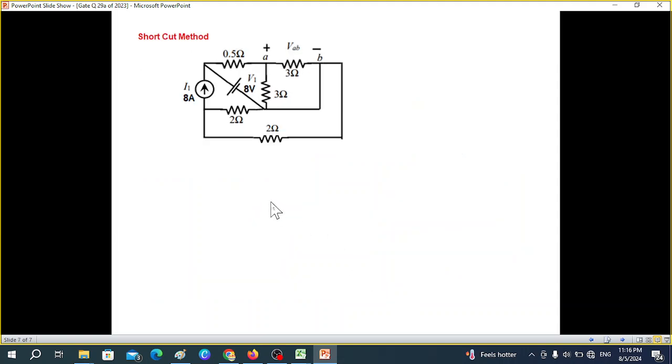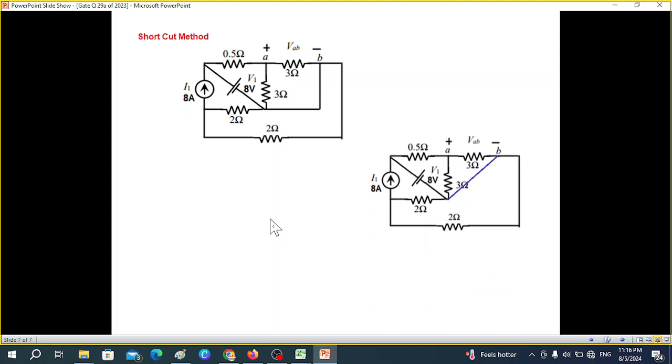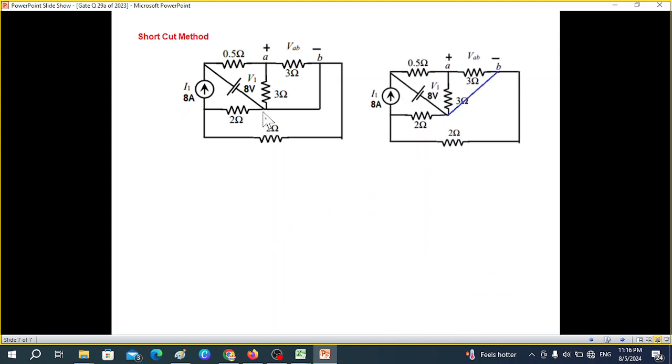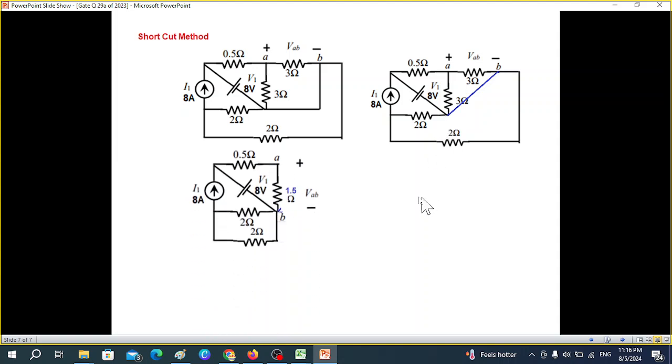Let's see if we can find a short way. And the short way is straight away we draw this short circuit line here. And then you can see from here, this point and this B is in parallel, because now this point B and this is the same point.